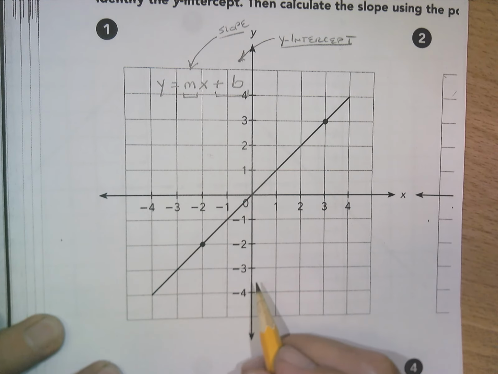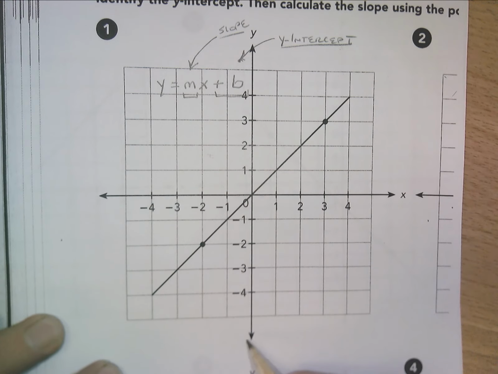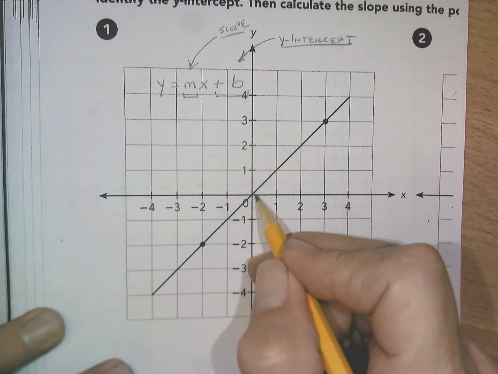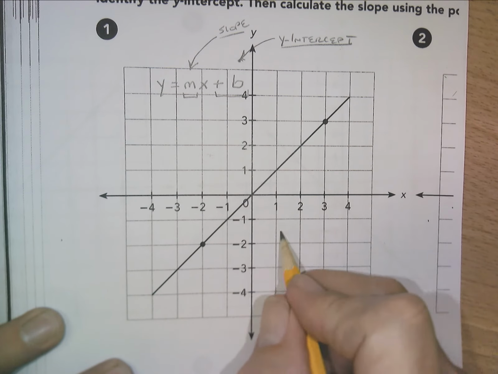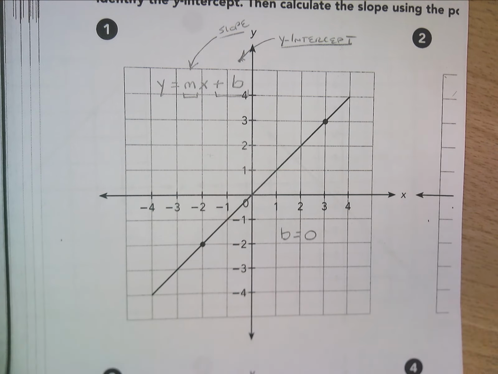So we need to have those two things. The line crosses the y-axis at 0. So right off the bat, we can say that b, the y-intercept, is 0.